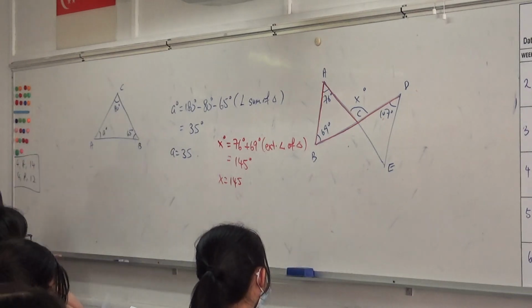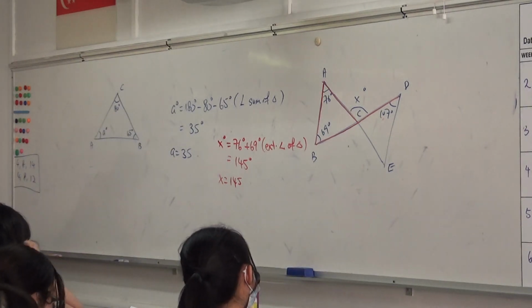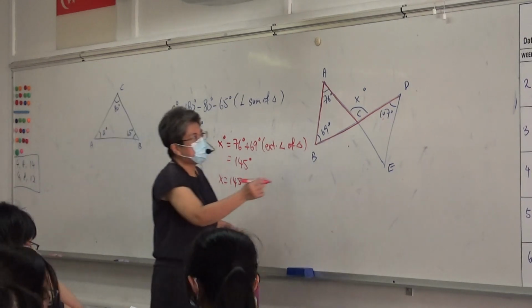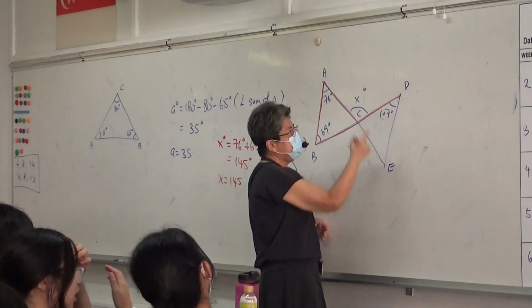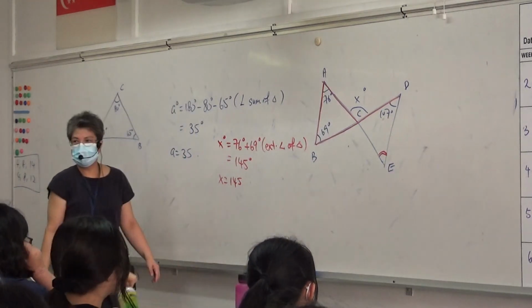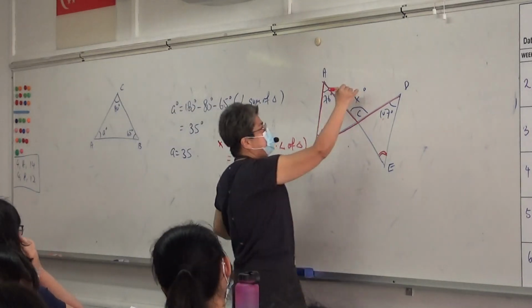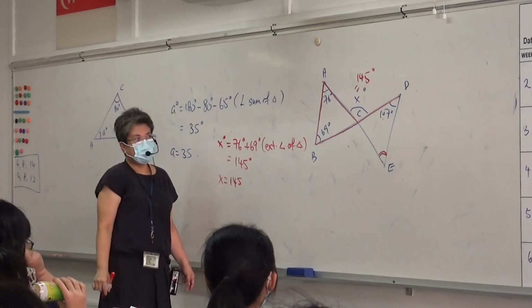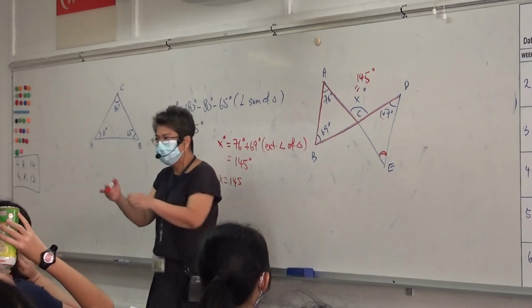Now part 2. Let's look at part 2 or part B. Calculate angle CED. CED is this one. Okay. Now I already know this is 145 degrees. Now I want to show you something else.